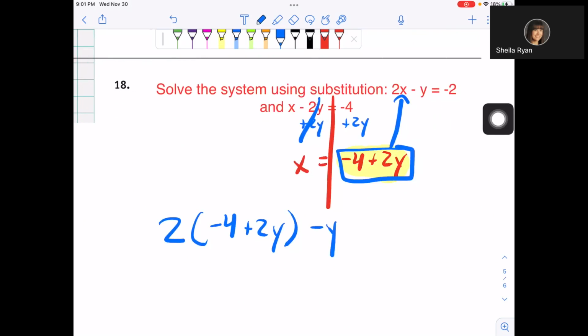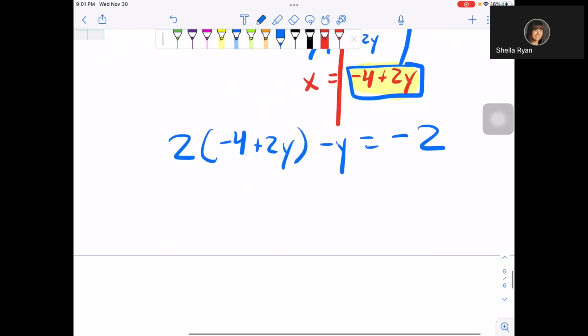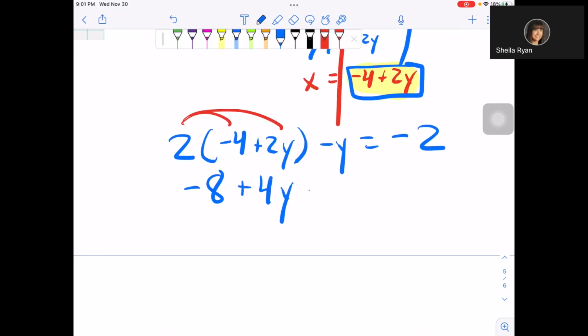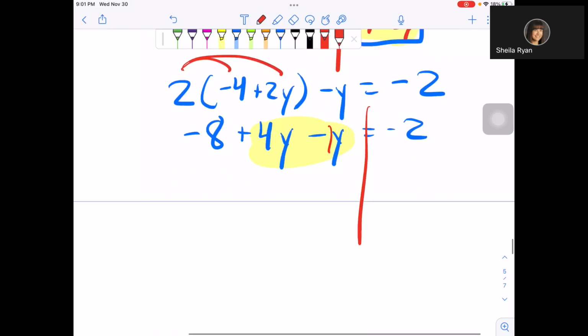I have minus y, I have an equal sign, and I have -2. And now I'm going to solve. So I'm going to distribute. 2 times -4 is -8. 2 times 2y is 4y. Minus y equals -2. These are like terms. 4y minus 1y. 4 minus 1 is 3.